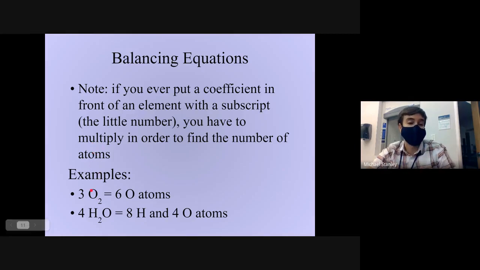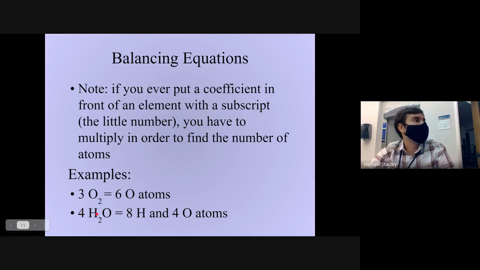So for example, if we have 3 O2 molecules, 3 times 2 is 6, so we have a total of 6 oxygen atoms. If we have a bigger molecule like water, H2O, and we have 4 H2O molecules, the 4 applies to the H and the O equally.